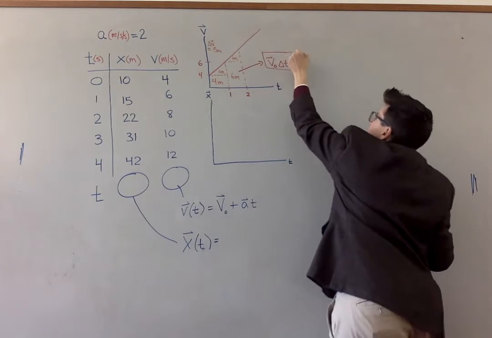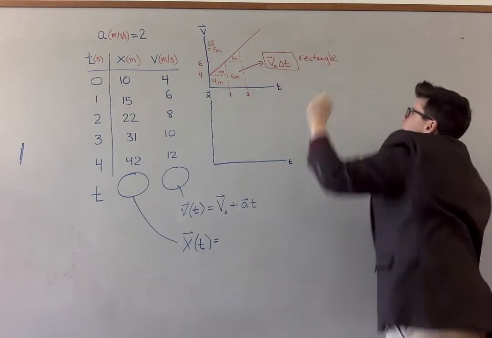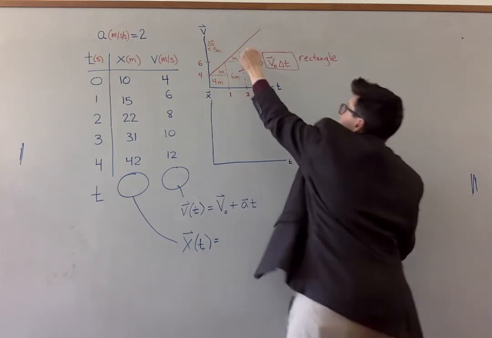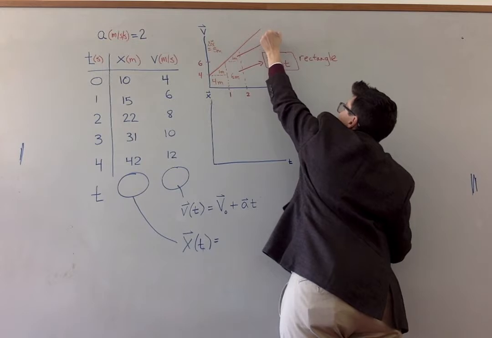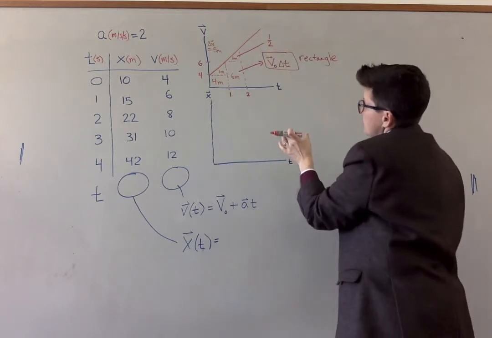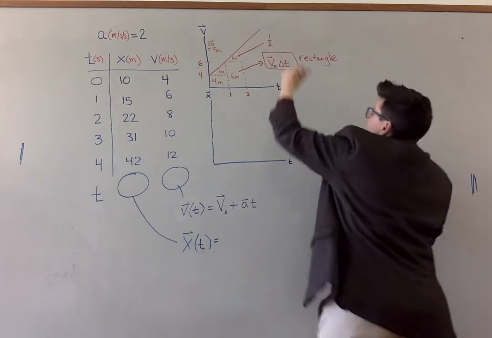That's the area of the rectangle. And then to that, we add in the area of the triangle. So that's 1/2 the base times the height. The height, by the way, is the change in velocity.